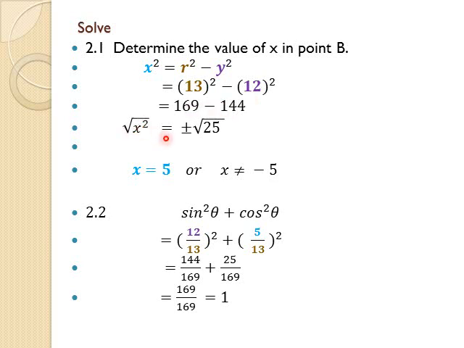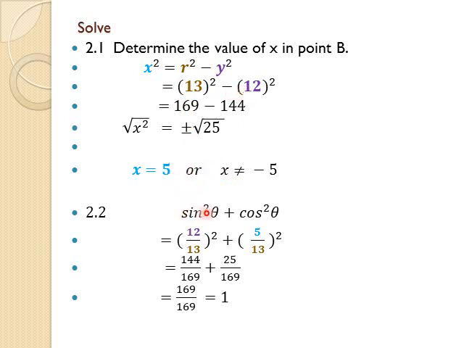So x equals plus minus square root of 25. Please make sure you remember there must be a plus minus in front of the square root of a value. In this case, x equals 5 or x equals negative 5, but it can't be negative 5 because we're working in the first quadrant. So now we have r as 13, y is 12, and x is 5.